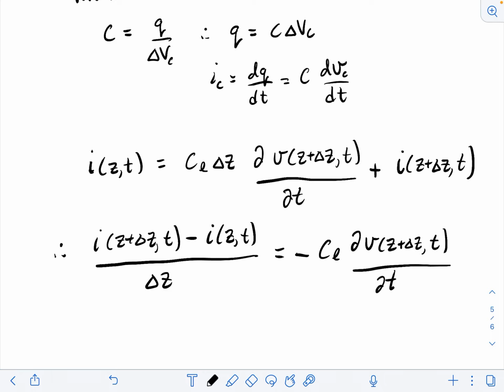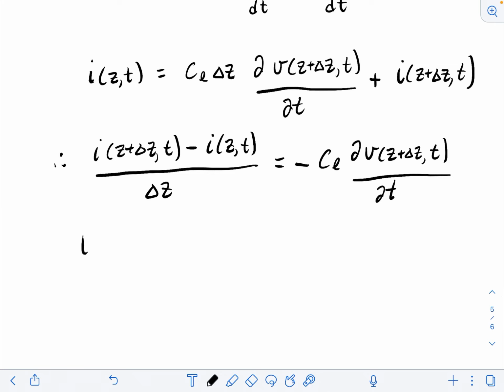Okay, then we take the limit that delta z goes to 0. And so two things happen. First, on the left-hand side, the difference in currents divided by delta z defines the position derivative of the current. So we end up with a dI(z,t)/dz.